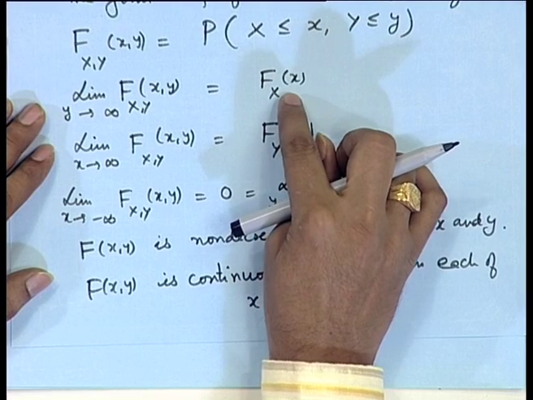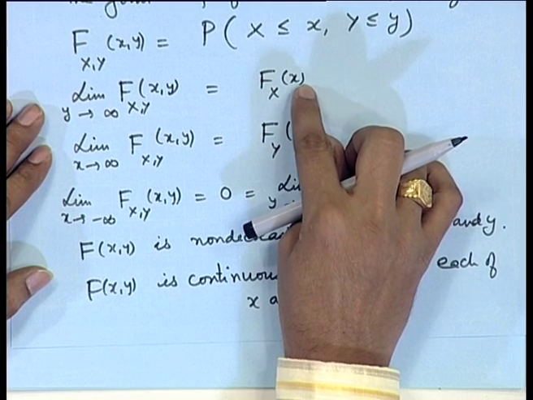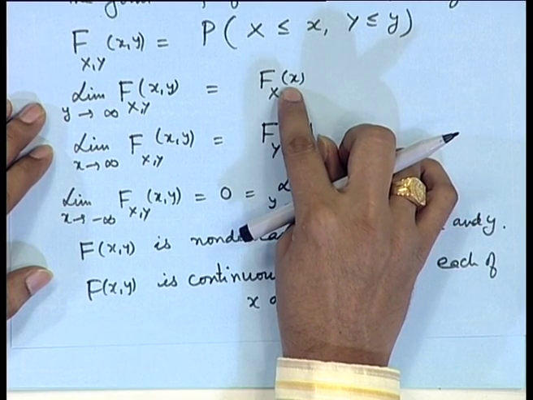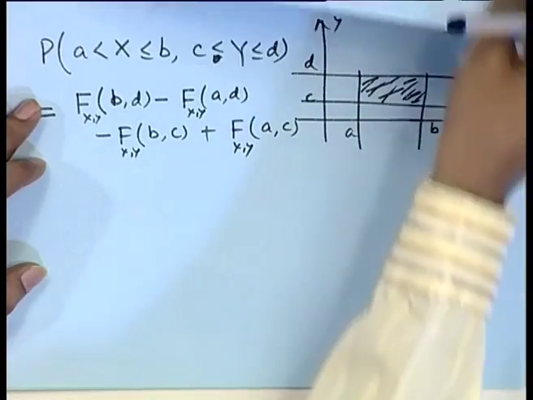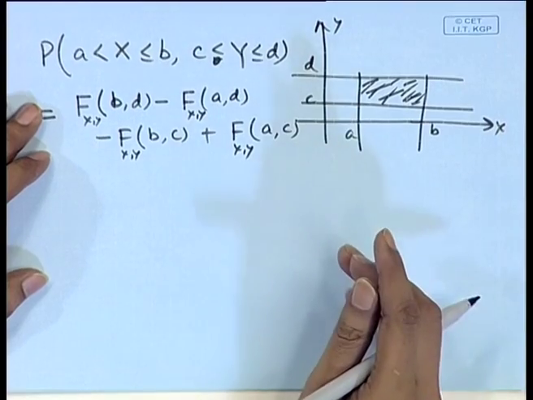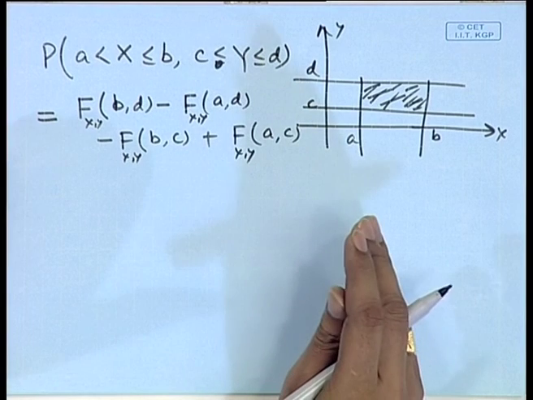Since we are able to obtain the individual distributions from the joint CDF, we can find the individual nature of the random variables, that is whether they are discrete, continuous or mixture random variables from here. Moreover, if the random variable (x, y) is continuous throughout, then capital F(x, y) will be absolutely continuous in both of the arguments, and the derivatives with respect to x and y will give you the probability density function of x and y.